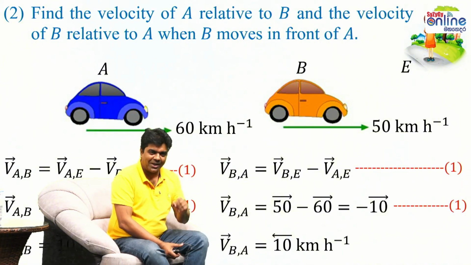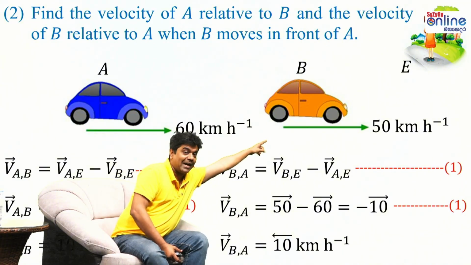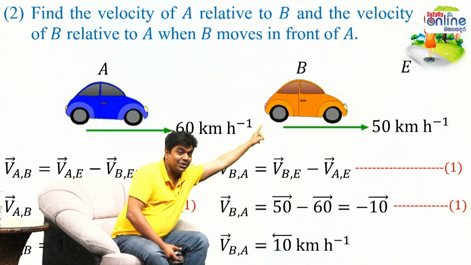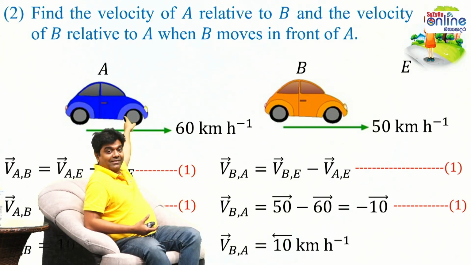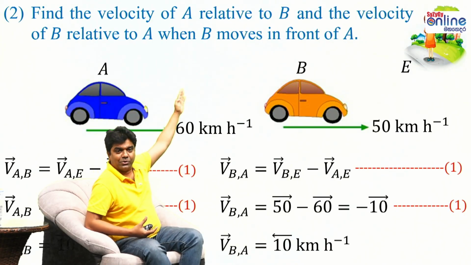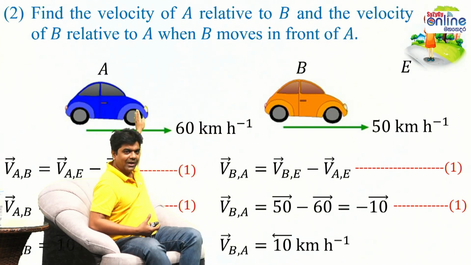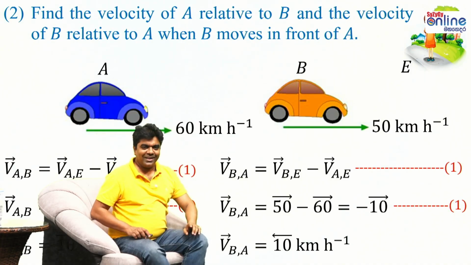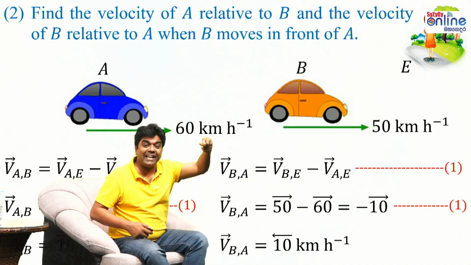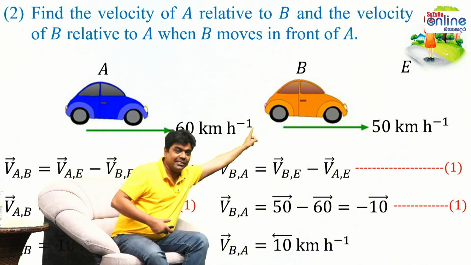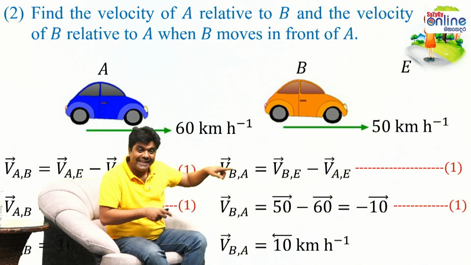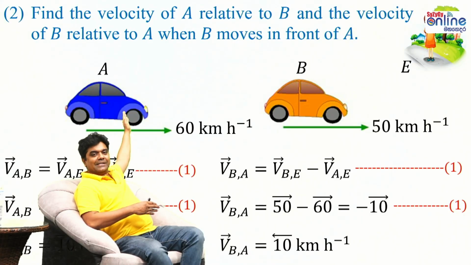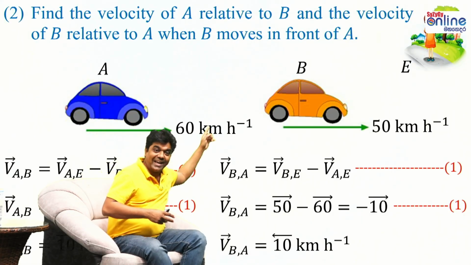Now, first of all, think that you are in this car. You are going at 50. And meanwhile, there is a car, the blue color car, coming towards you. Now, since you are at 50 kilometers per hour, this one is going at a slightly slower speed and this one is getting closer to it at 10.